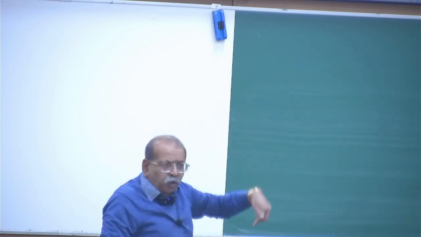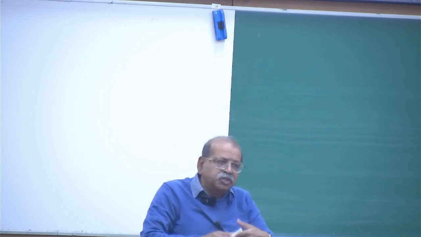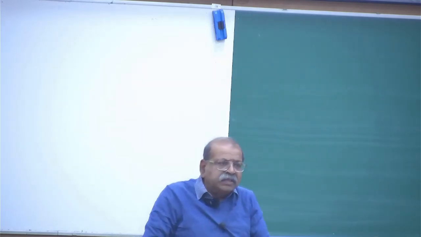Okay? And because of the contact, a force comes and we assume that there is no friction, so it is just in the tangential direction. So if a normal force comes, it will not matter.